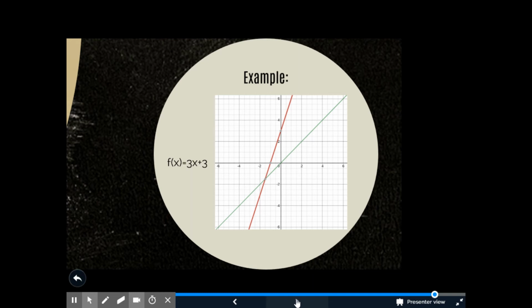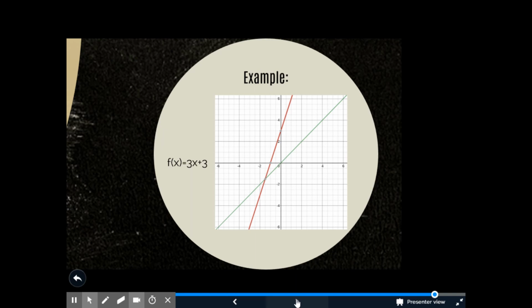Switch them again. Okay, so -1 is our y-intercept.